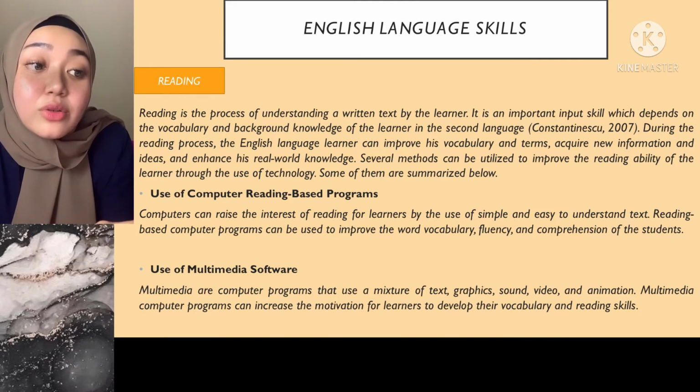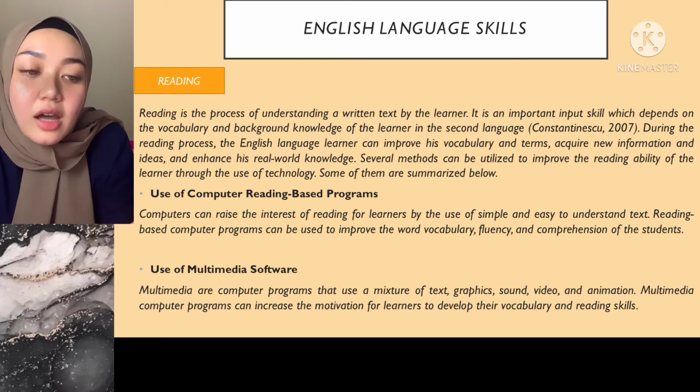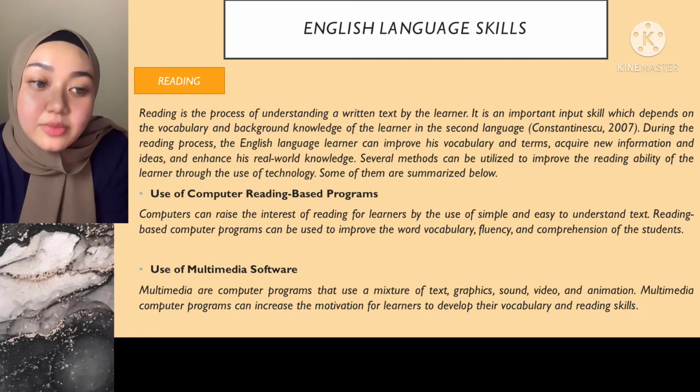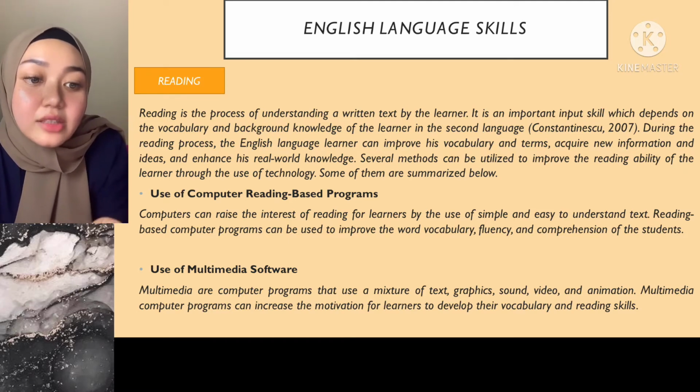Several methods can be utilized to improve the reading ability of the learner through the use of technology. Some of them are summarized below. The first one is the use of computer reading-based programs. Computers can raise the interest in reading for learners by the use of simple and easy-to-understand text. Reading-based computer programs can be used to improve the vocabulary, fluency, and comprehension of the students.